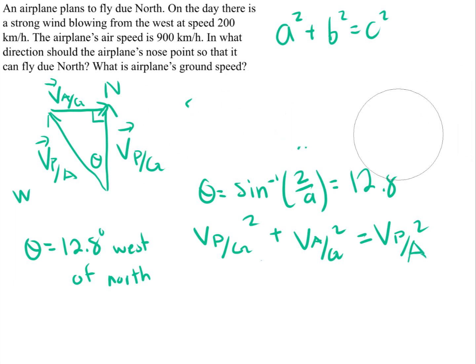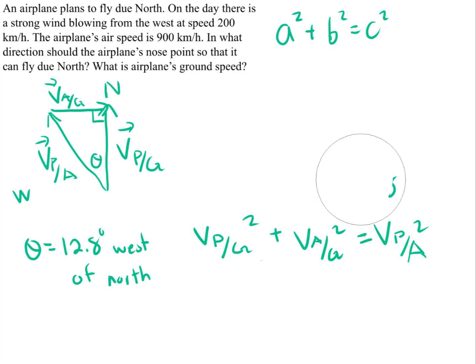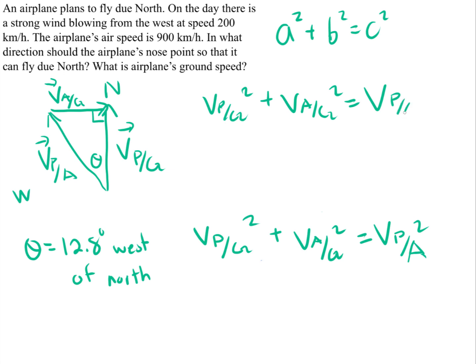So I'm going to make some more space and rewrite it up here. The ground speed squared plus the wind speed squared must equal the airspeed squared.